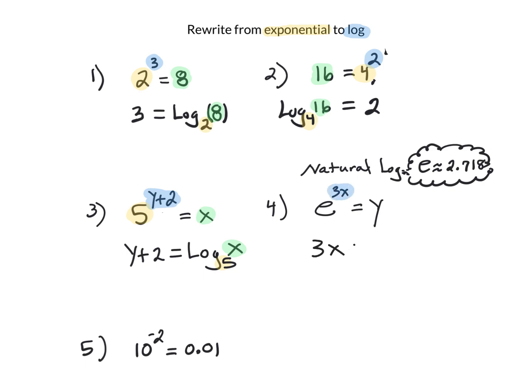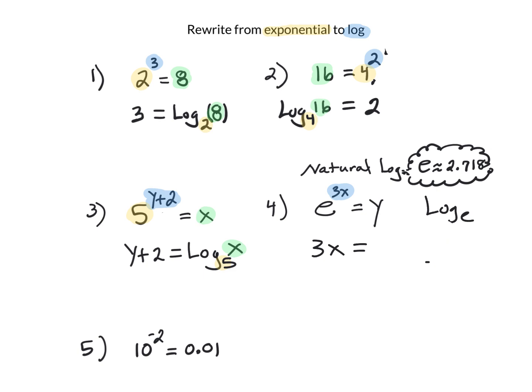So 3x is equal to, now if the base is e, we don't write log base e, right? You could, but e is an irrational number, approximately 2.718, and it's used a lot, we see it a lot in the natural world. So we just write ln for natural log, and then we don't have to write the e.